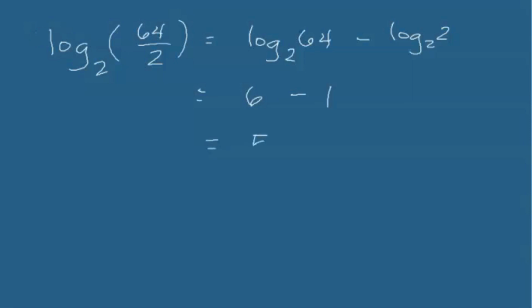So 6 minus 1 is 5. We can check this by simplifying: 64 over 2 is 32, so that's the logarithm of 32 to the base 2. What is the exponent of 2 to get 32? That is 5.